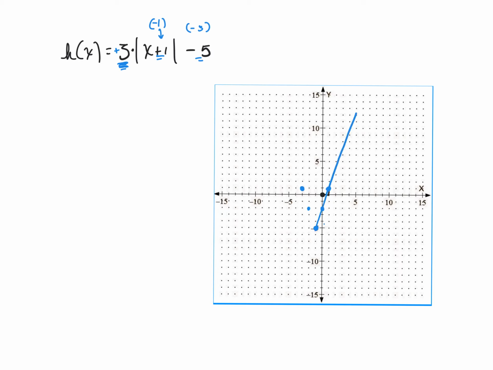Okay. And what I'm going to do here, just to double check, to make sure I'm not doing something wrong and my guess isn't wrong, is take a table and plot the values of x in and just make sure that they actually create the values that I'm claiming them to create. So I'm going to use a table here. And I'm going to go x, and then just a quick little table, and go h of x.